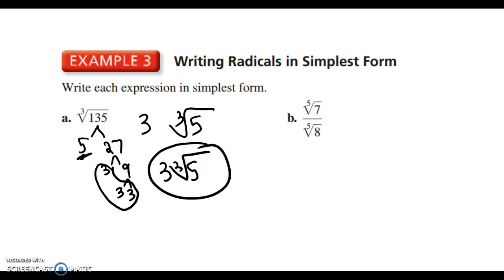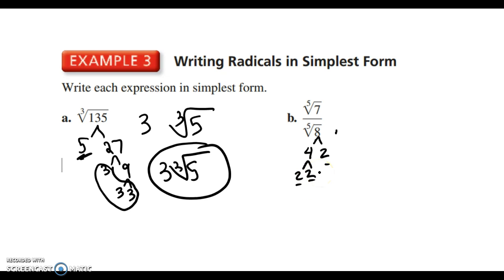Let's look at B. The definition of simplest form says we're not allowed to have radicals in denominators. But because this is a fifth root, we need 5 of whatever number for it to come out of the radical. Right now, if we break down 8, 8 is really made up of 3 2's.